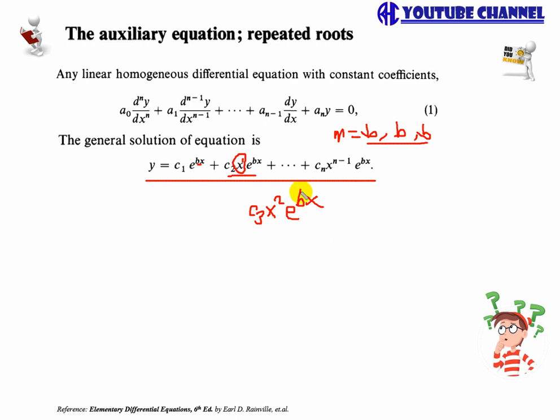From 0, ito actually, may x dito yan eh, pero x raised to 0. Ito, x raised to 1. Tapos, kung pangatlong roots na yan, x raised to 2. Kung may kasunod pa na same na roots, may x raised to cube times a raised to bx, and so on and so forth. Okay, ganyan.